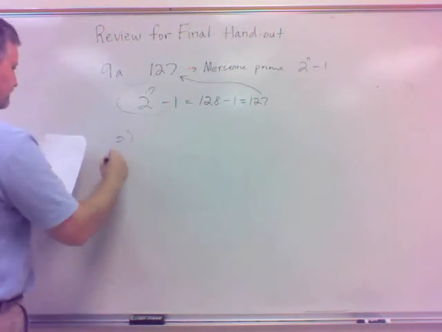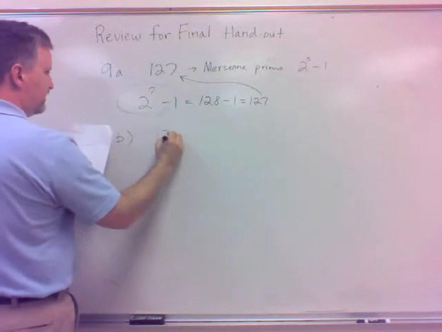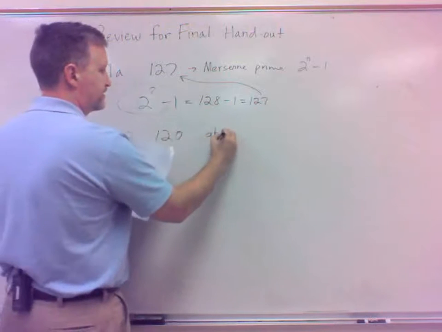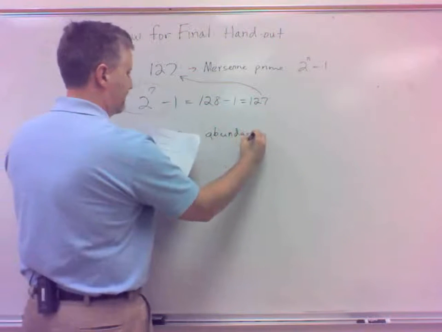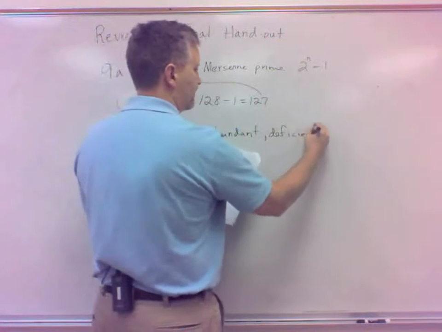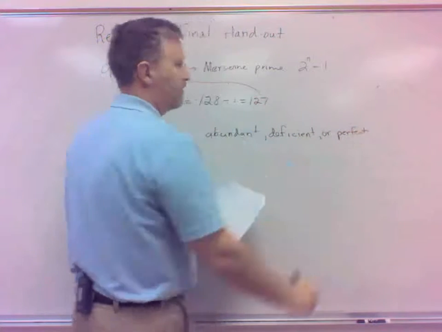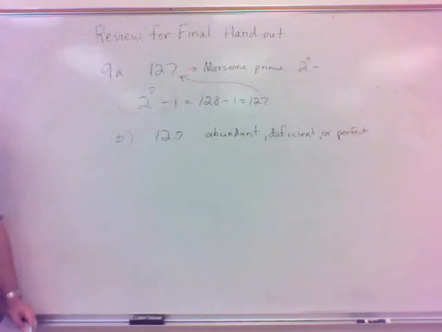All right, B. We want to find out, is 120 abundant, deficient, or perfect? Let's start with perfect. How is a number perfect? Remember?